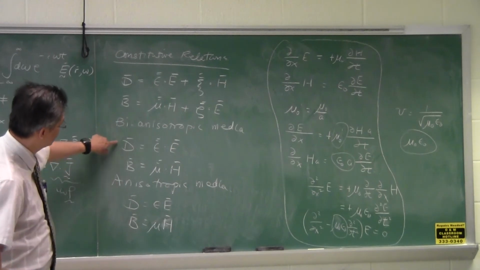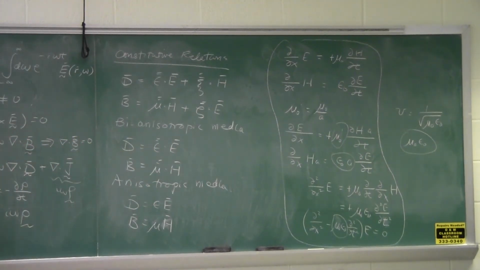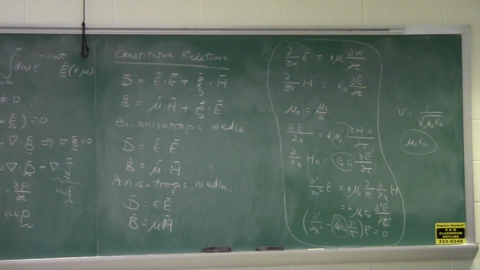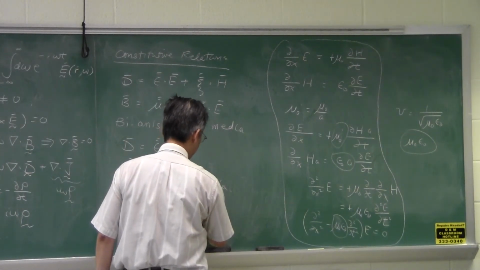Okay. In the anisotropic form, the D flux need not necessarily point in the same direction as the E field. But in this form, they point in the same direction, and we call this an isotropic medium.